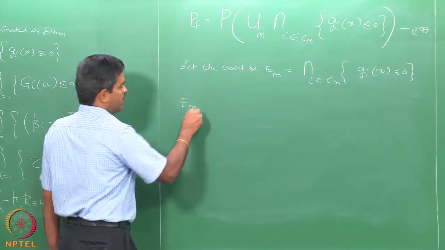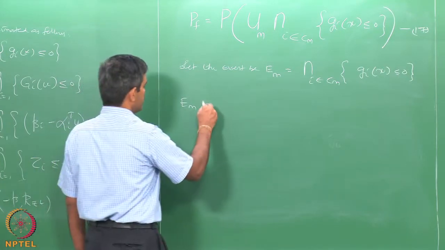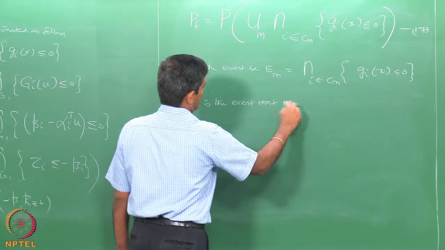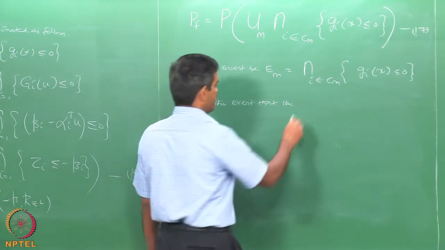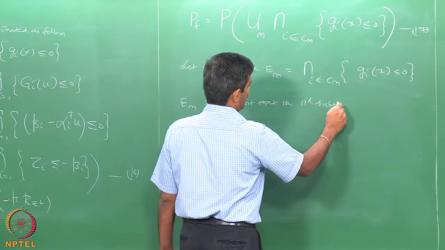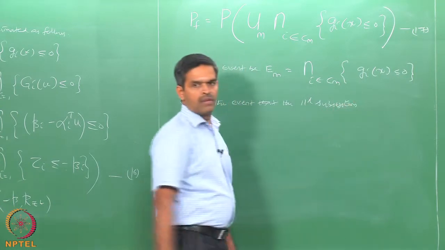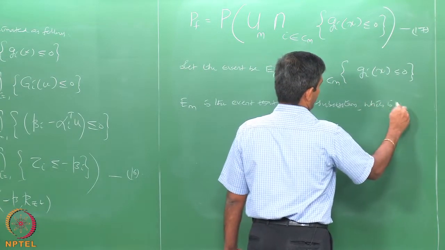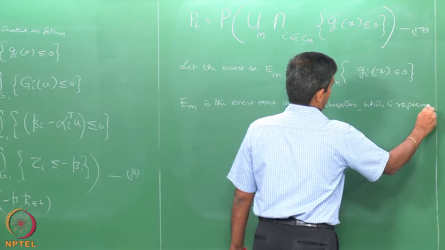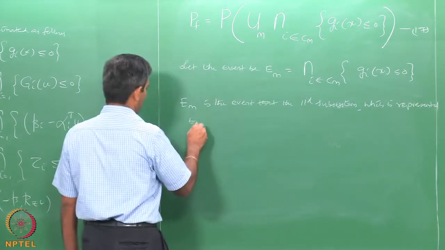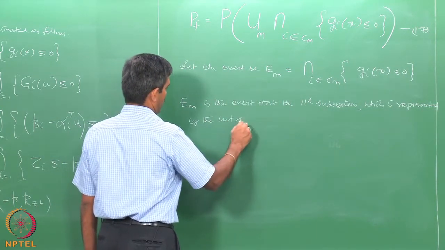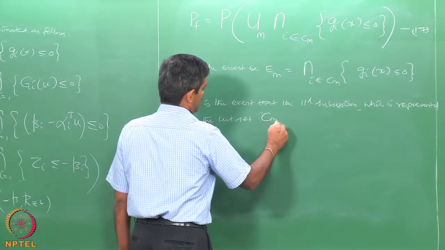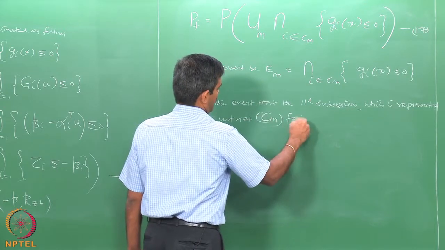Now, E m is actually the event that the parallel subsystem, which is represented by the cut set C m, fails.